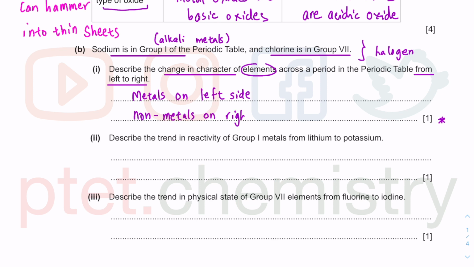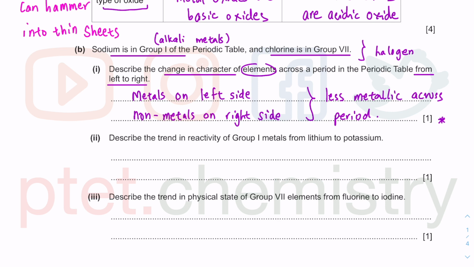So we can say that the metallic character decreases as you go across a period, or metals on the left, non-metals on the right. That is how it changes, becoming less metallic across a period, behaving less and less like metals across periods in the periodic table.